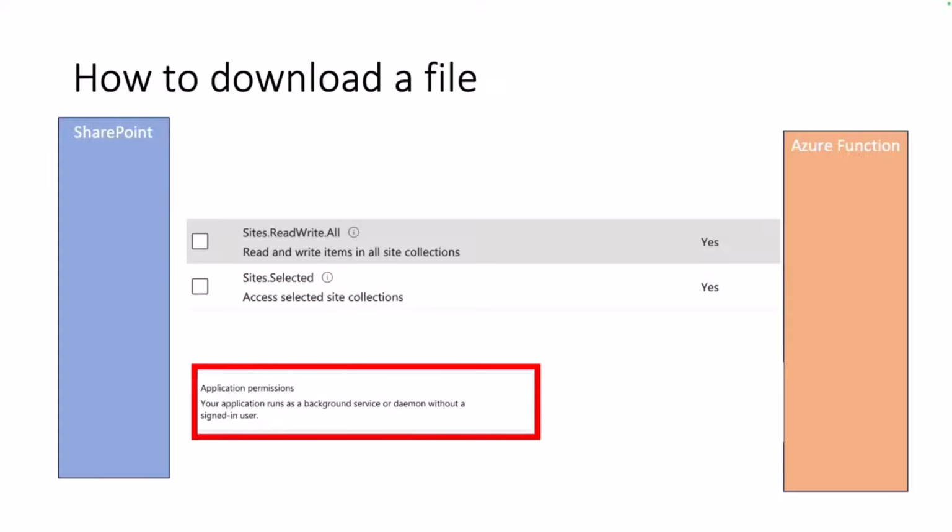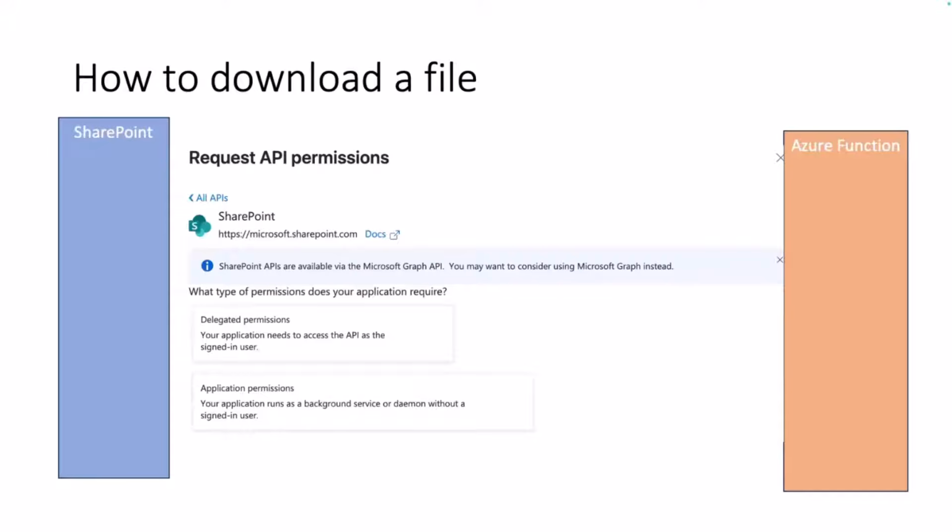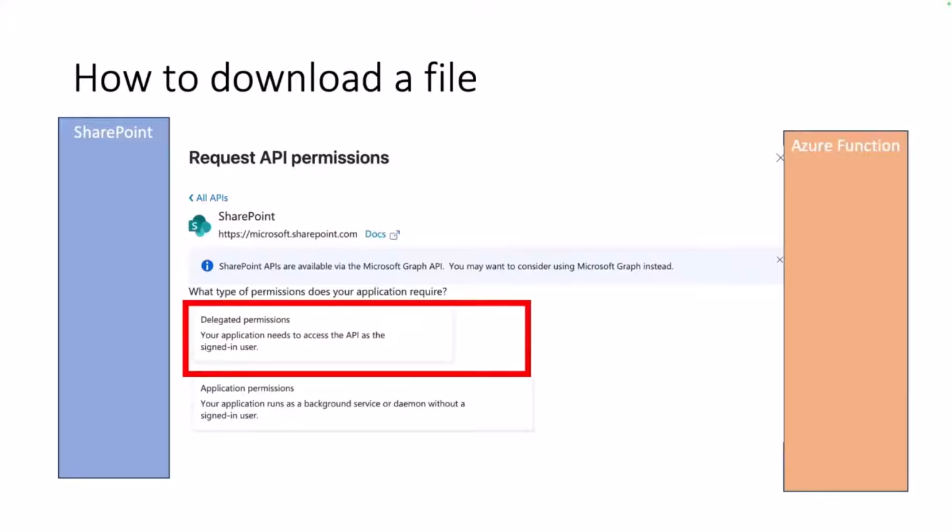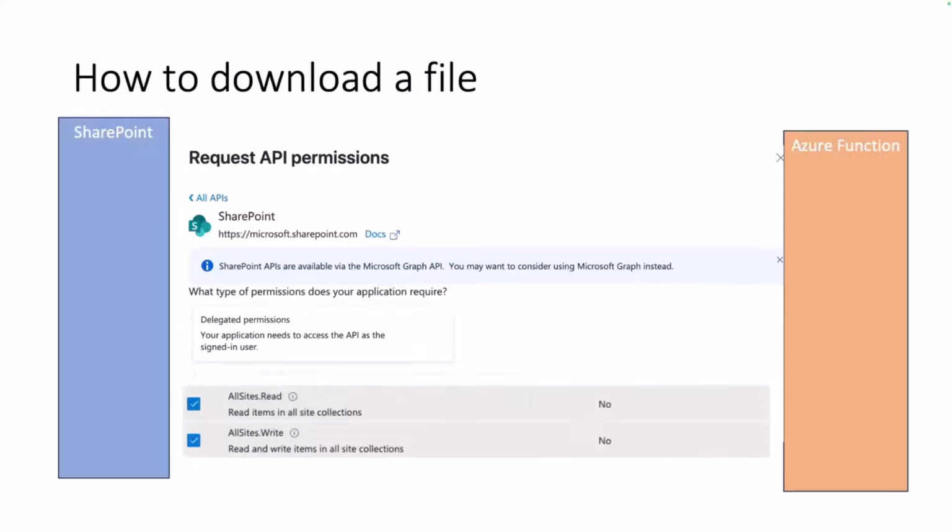So the easier way to work with your admin is to say, hey, my application works in the context of the user, on behalf of the user, and there we are talking about delegated permissions. And then we select Sites.Read.All and Sites.Write.All.